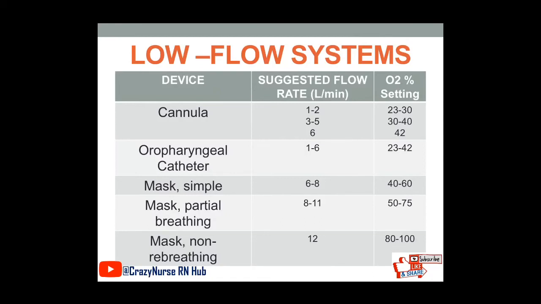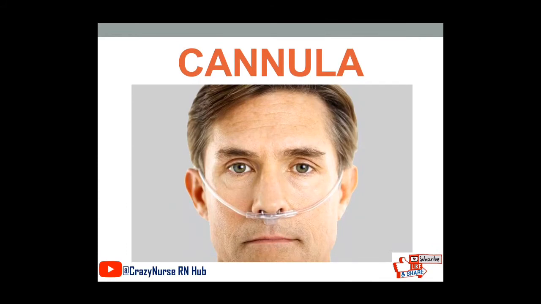As I have mentioned, we will use these low flow systems only for those patients who can still breathe and need partial assistance in terms of their oxygen consumption. So this is an example of your nasal cannula.